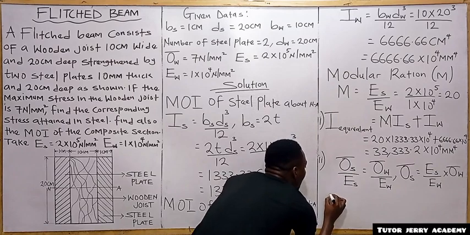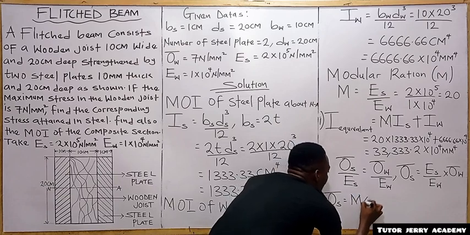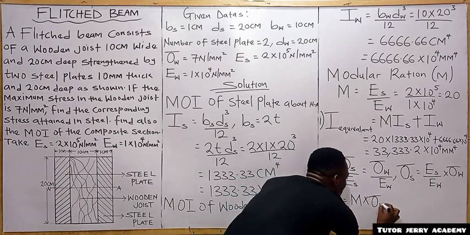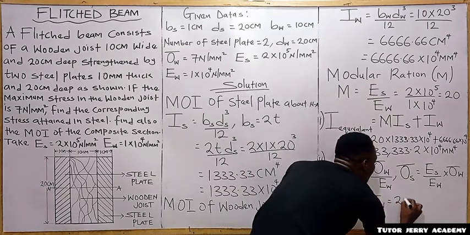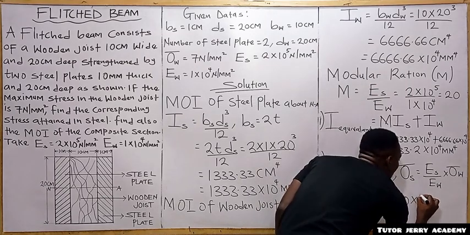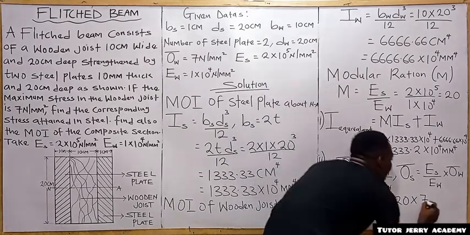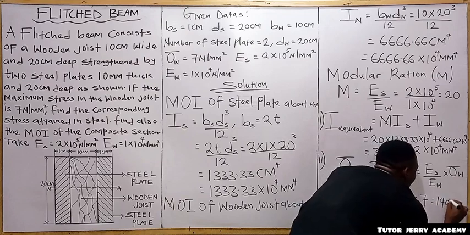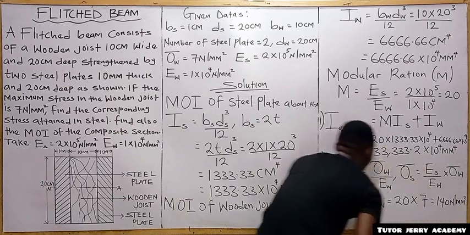So we can therefore say that the stress there is going to be M multiplied by the stress in the wood. So if you substitute now, we are going to have 20 multiplied by 7, that is 140. So our answer here is going to be 140 Newton per mm square.